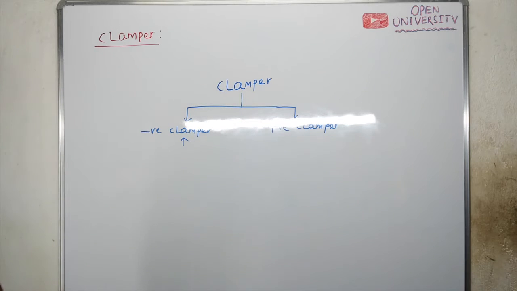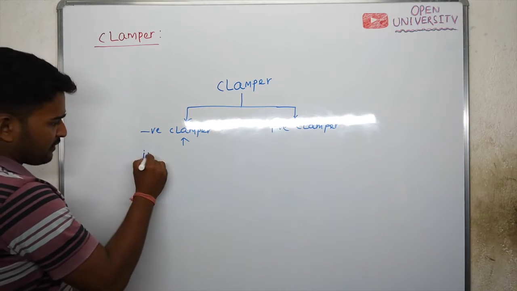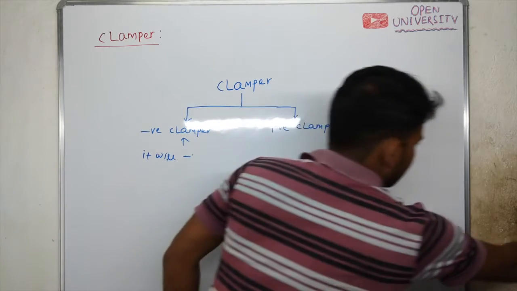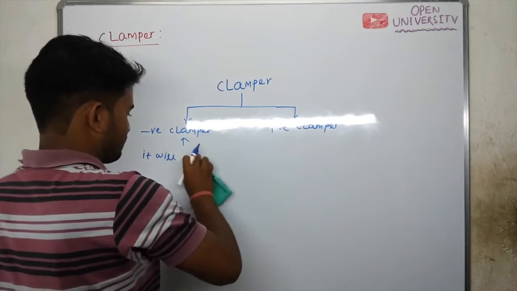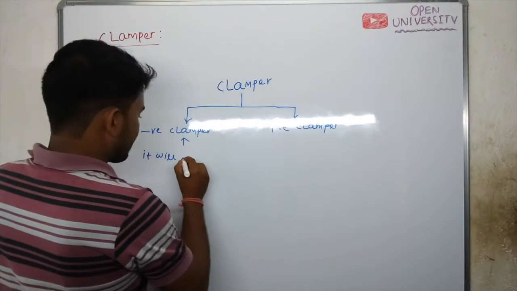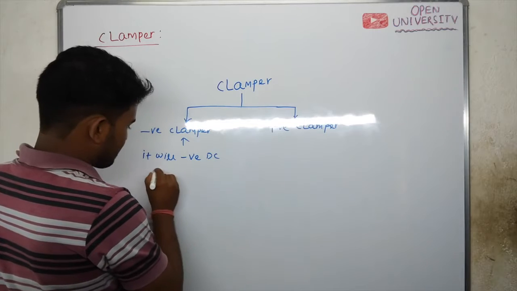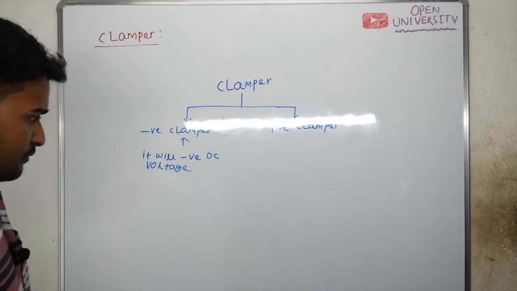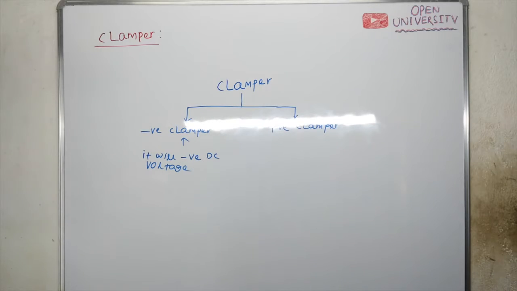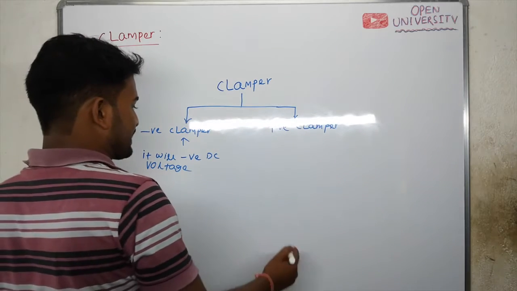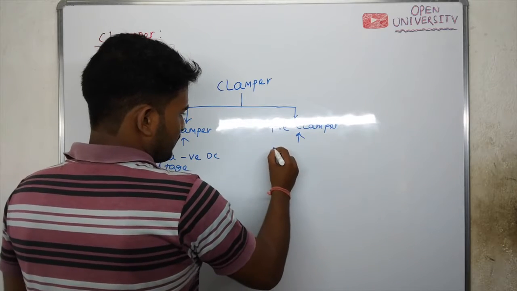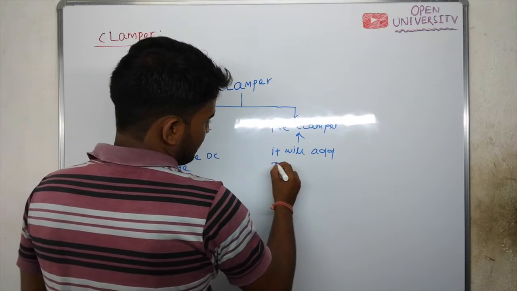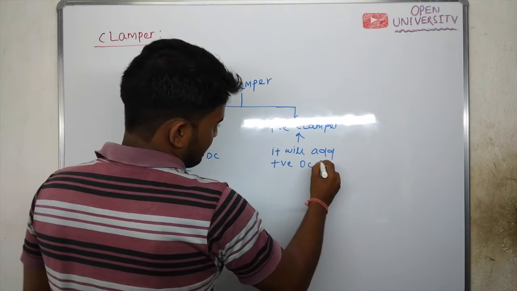It will add negative DC voltage to the input signal. And what is a positive clamper? It will add positive DC voltage.